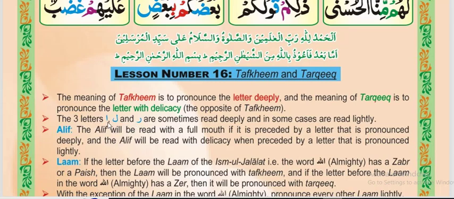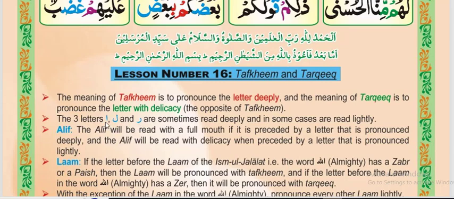So these conditions vary from letter to letter. About alif and ra the rule is the same. If you see kasra before or under alif and ra, they will be read lighter.